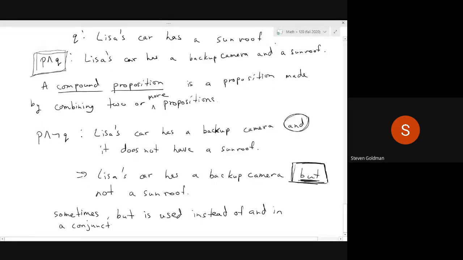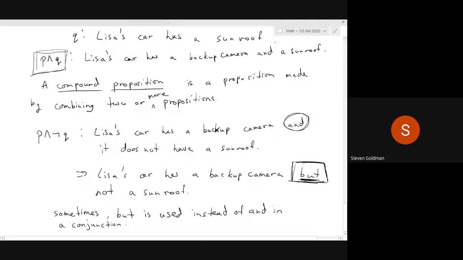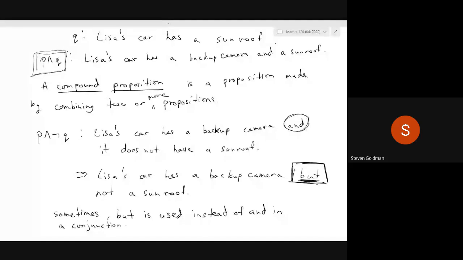Okay, so if you see that word, that means that the sentence is a conjunction, okay? And you usually see it in a case like this where you have P and not Q. Right? Okay. All right, any questions on that?